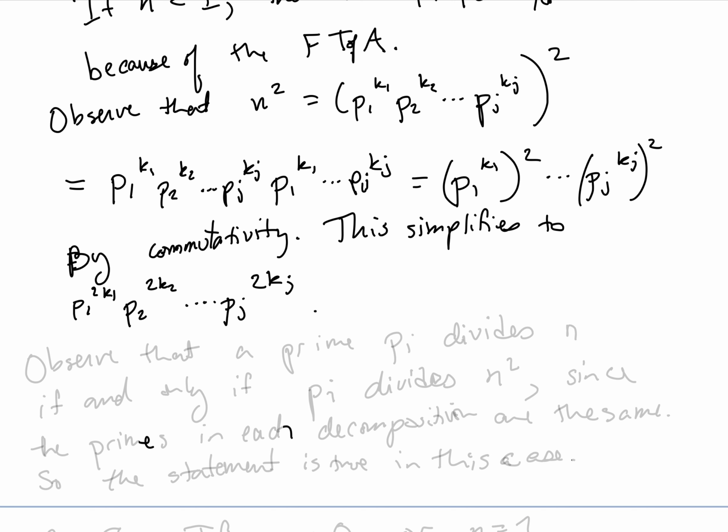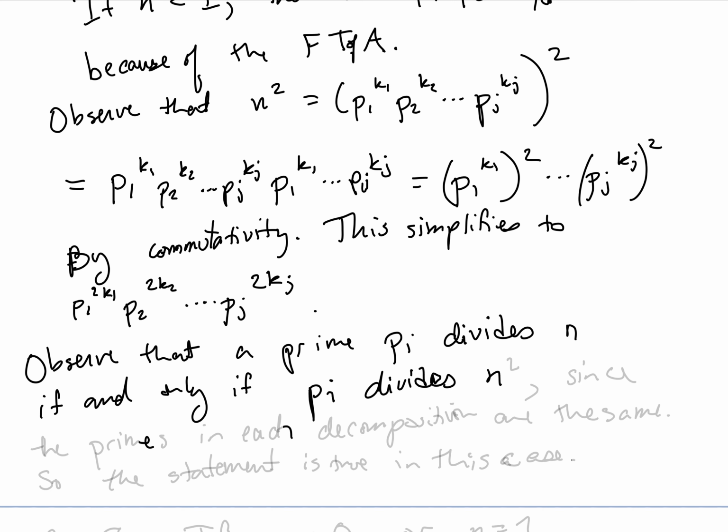All right, so to some degree, all that simplification isn't totally necessary, but we can observe that a prime pi divides n if and only if the prime pi divides n squared, since the primes in each decomposition are the same. We just have a different number of those primes.